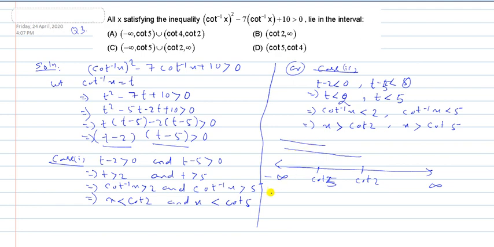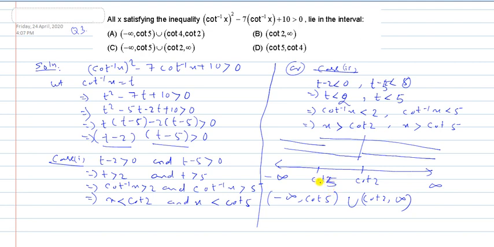So from this the solution will be minus infinity to cot 5. Then in the second case, greater than cot 2 this region and greater than cot 5 like this. So the common region on this side will be cot 2 to infinity, in union. So this is the final answer.